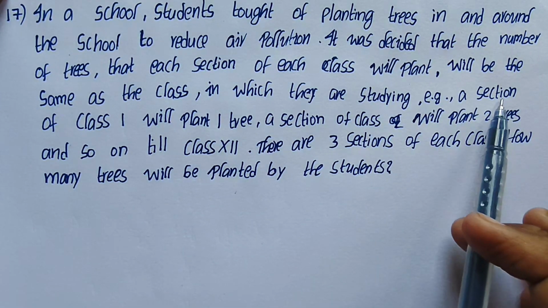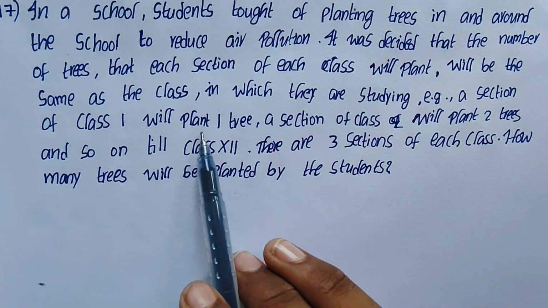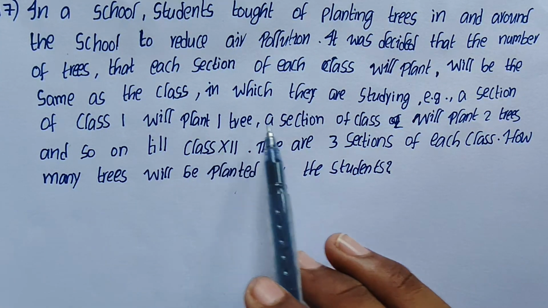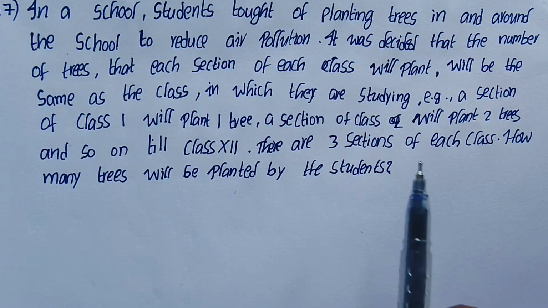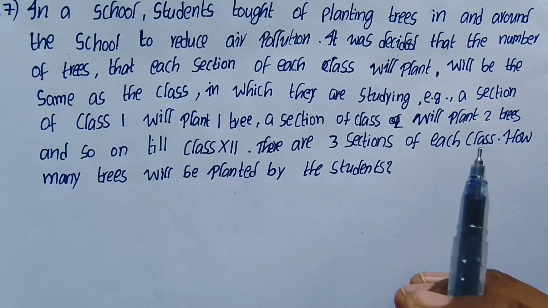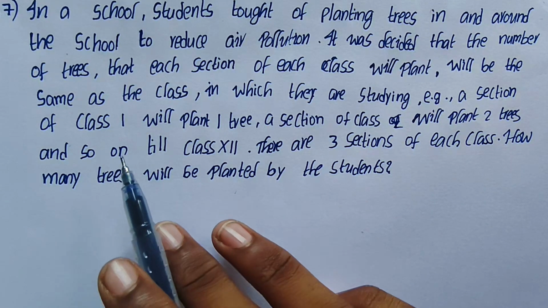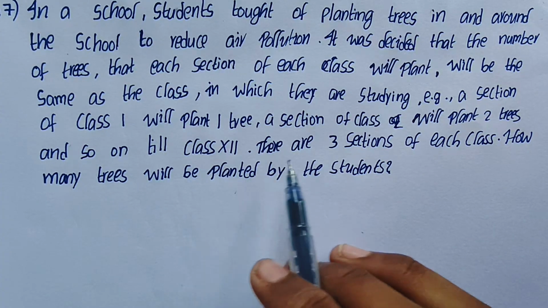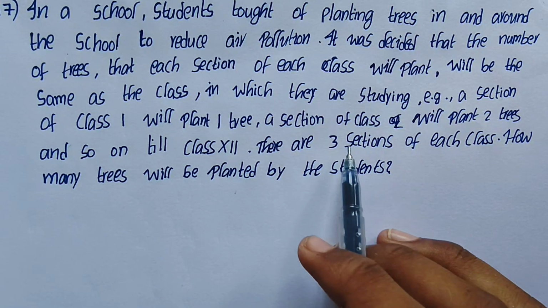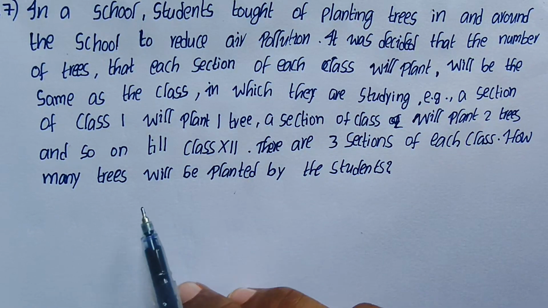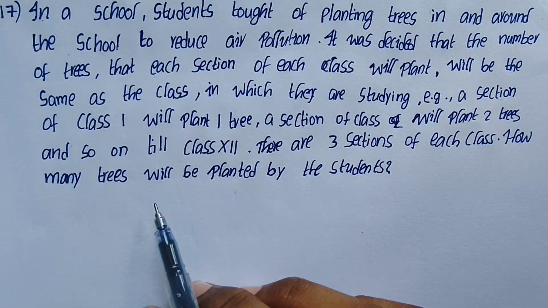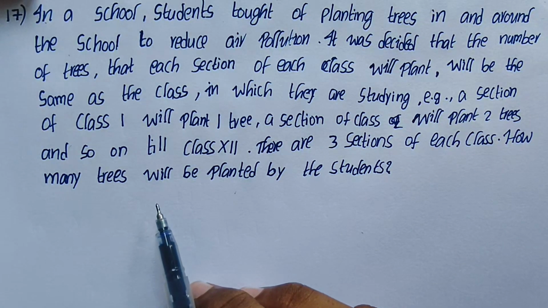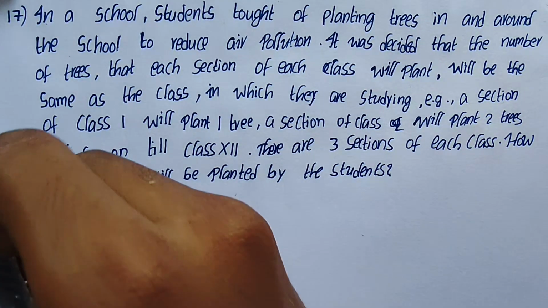So a section of class 1 will plant one tree, and a section of class 2 will plant two trees, and so on until class 12. For each class there are three sections. So how many trees are planted by all the students? Let us solve it.